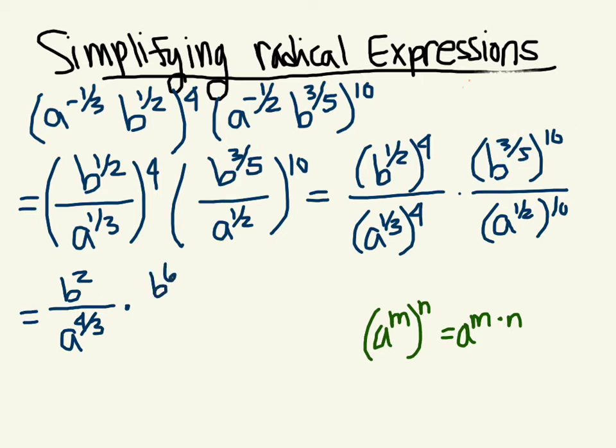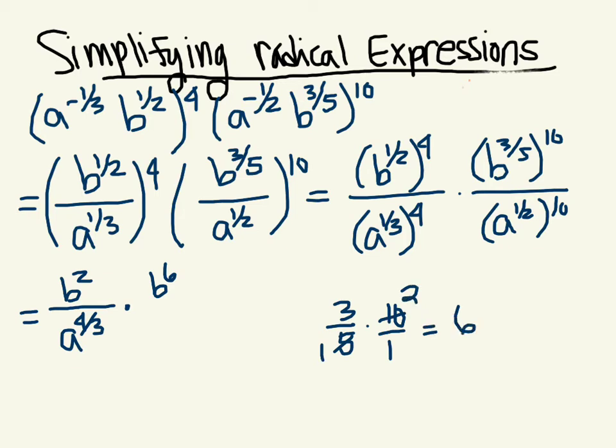So b to the 6. And if you don't believe me, we'll look at that one on the side real quick too. Here, let me erase this. We see 3/5 times 10 is the same as 10 over 1. The 5 cancels with the 10, giving me a 2, which is then 6. So that's why I have b to the 6.